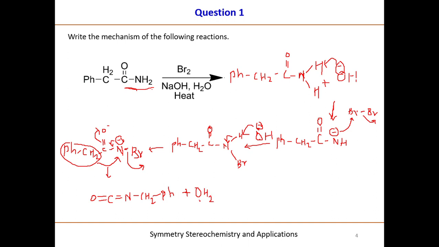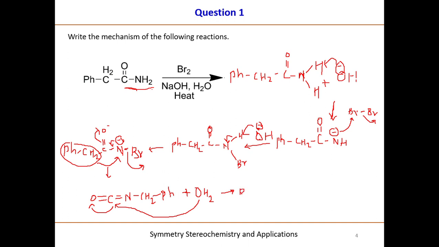It will attack on this carbon and this bond will break this way, and it results in the formation of carbamic acid.